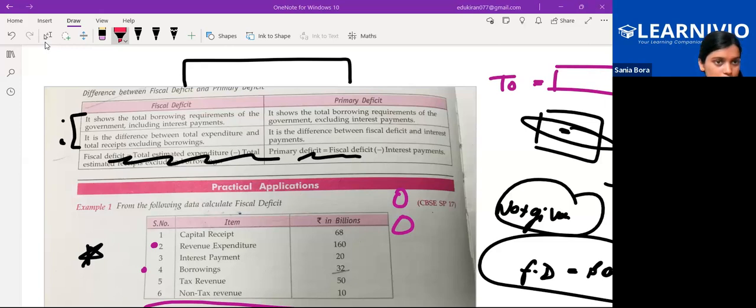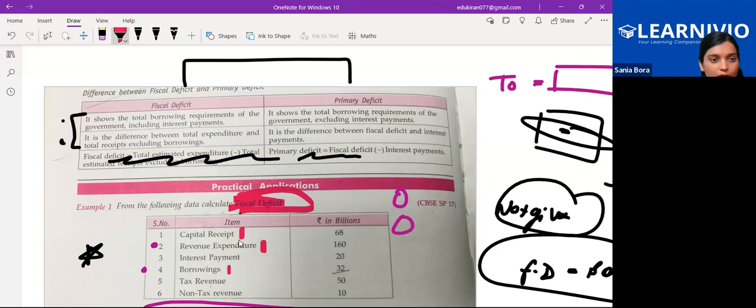Now, I'll tell you one thing: in this case, you don't need to worry about anything. What is the formula to calculate fiscal deficit? Revenue expenditure plus capital expenditure minus revenue receipt plus capital receipt, not including borrowing.